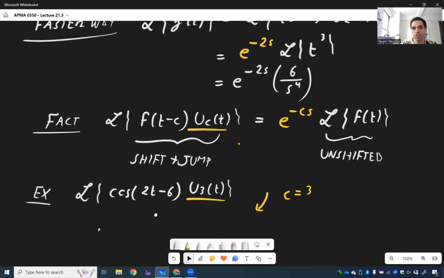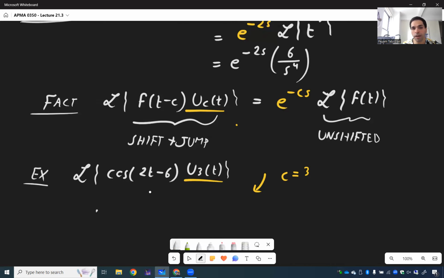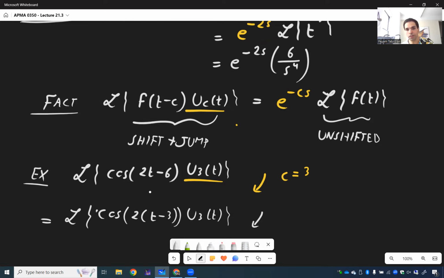But we just need to write cosine of 2t minus 6 in terms of t minus 3. So 2 times t minus 3, u3 of t. And in that case, what is our function? It's cosine of 2 times the shift. So f of t is cosine of 2t.